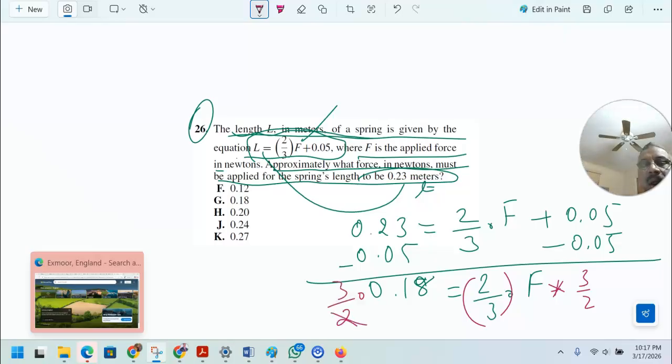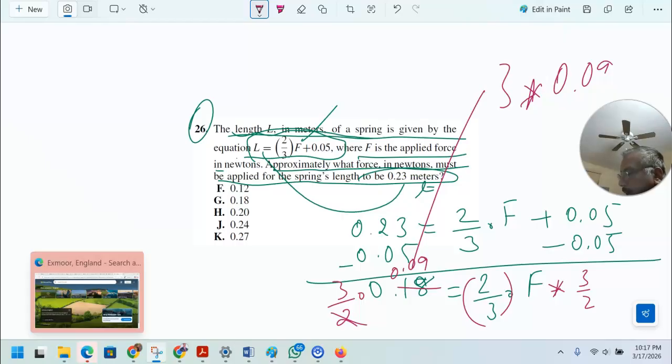You can see 2 divides 0.18, giving 0.09. So you get the answer is 3 times 0.09, and that answer you get is 0.27. So 3 times 9 is 27. The 2 decimal places basically take care of this.